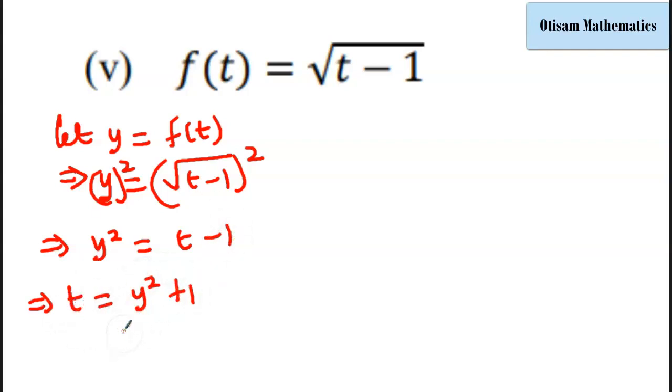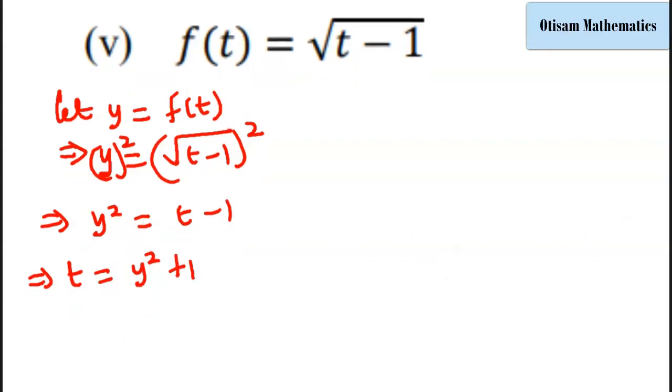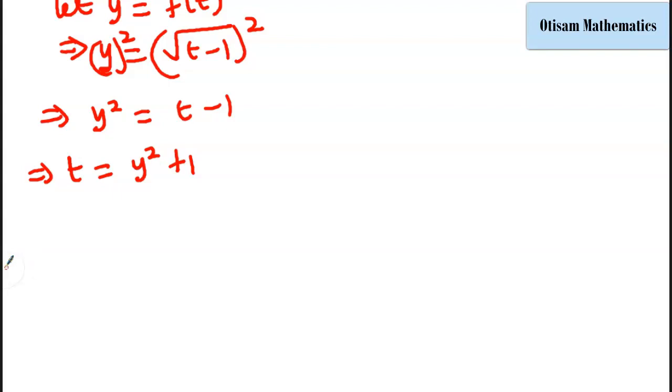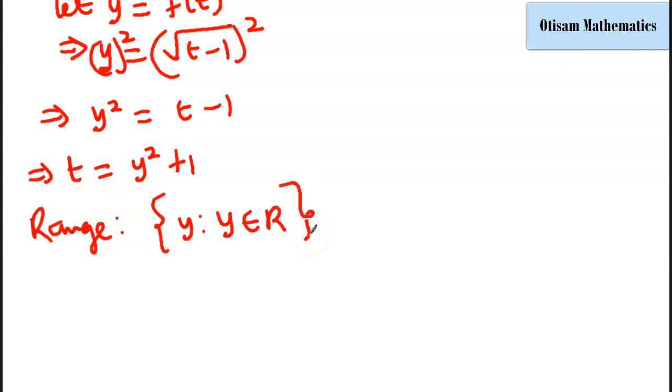And this becomes a polynomial. In range of a polynomial, all the values satisfy the function. So range will be equal to y such that y is a real number. So all the real numbers will satisfy this because it is a polynomial.